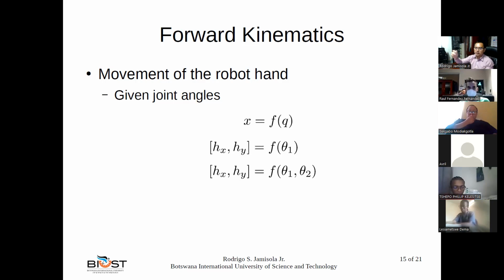So the meaningful movement is for the hand. We need to know where the hand is in space and move that hand to another place. So probably a pick and place movement: pick from here and place here. That is the basic movement of robots, especially in the earlier days.